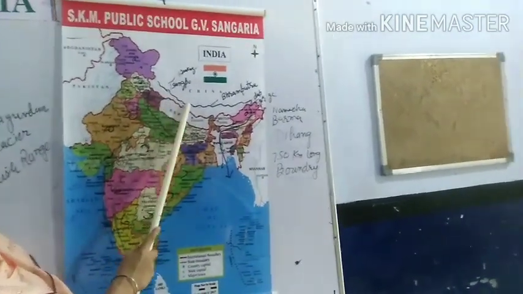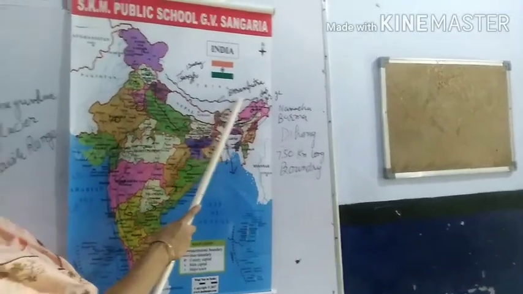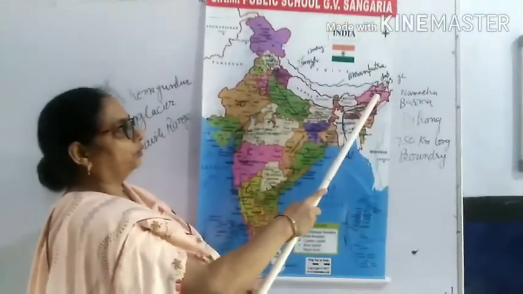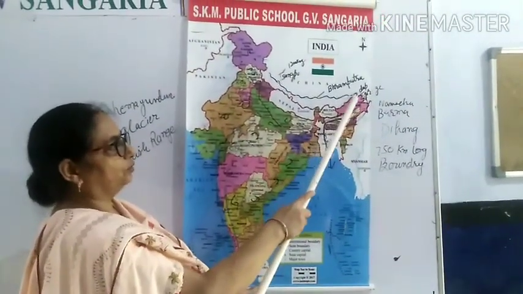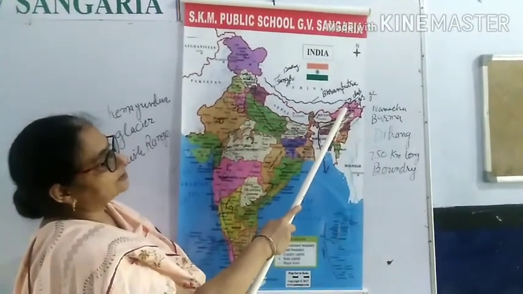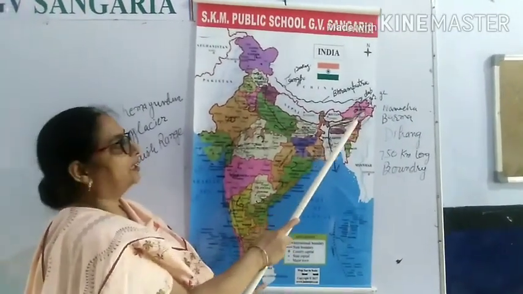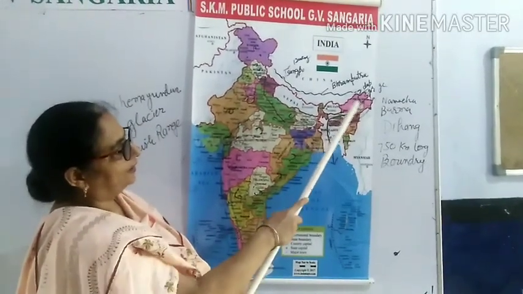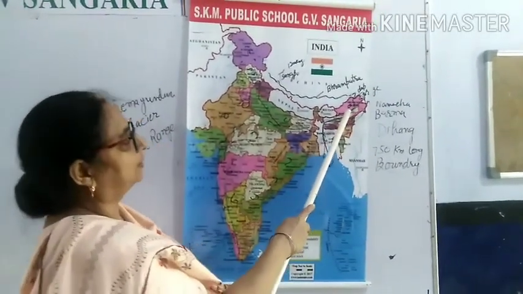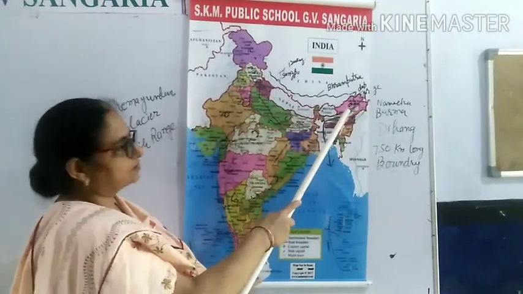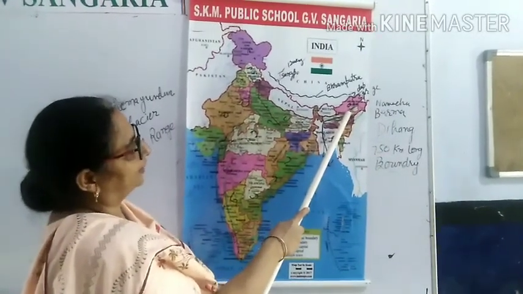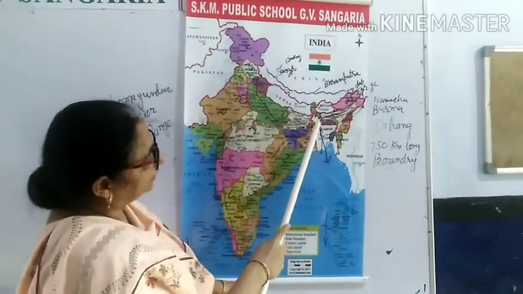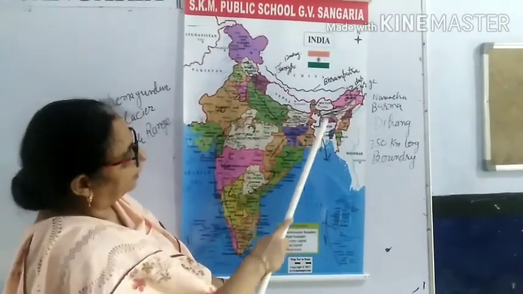From there it takes a U-turn and enters India through Arunachal Pradesh, and when it enters the Assam Valley, it makes a long deep river gorge, and falls into the Bay of Bengal.